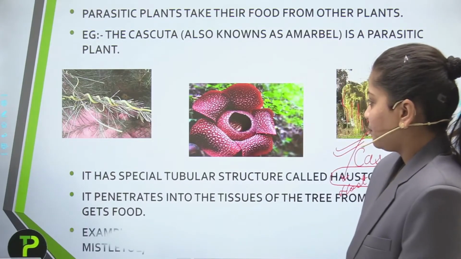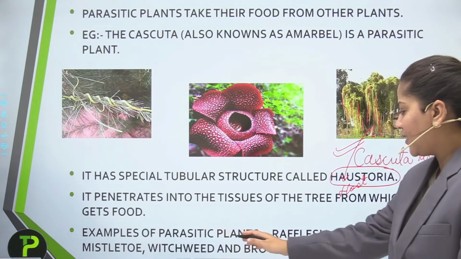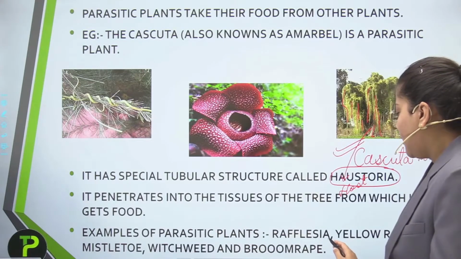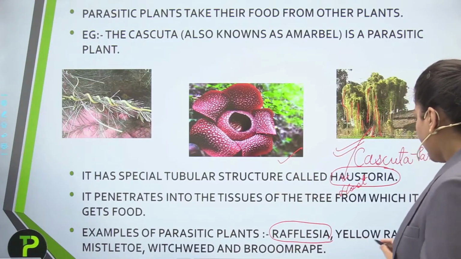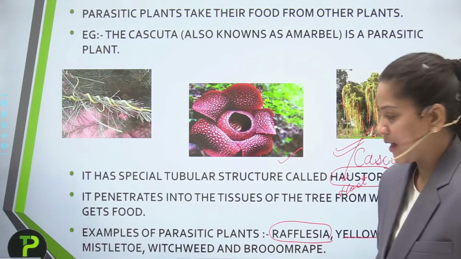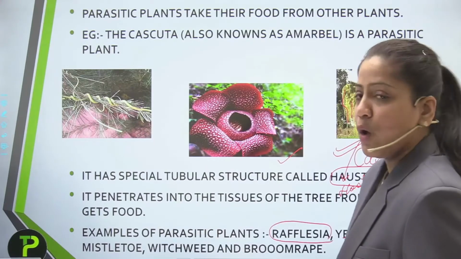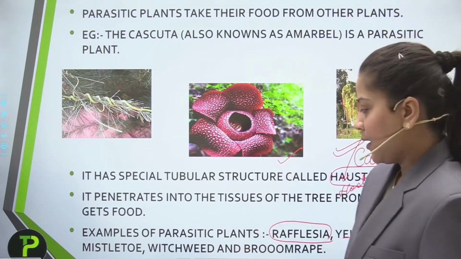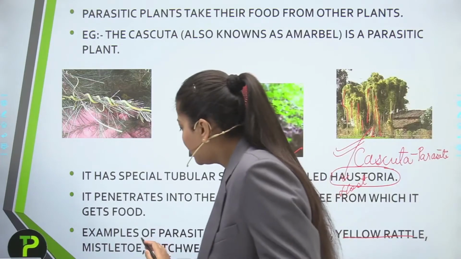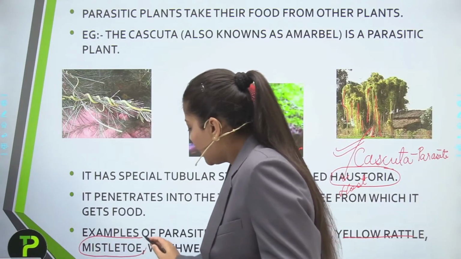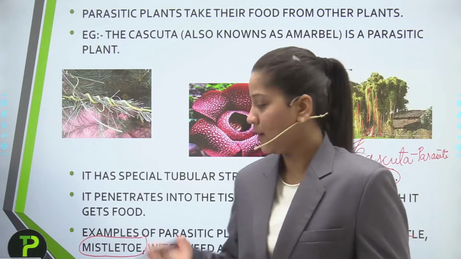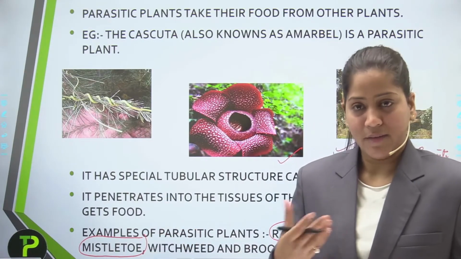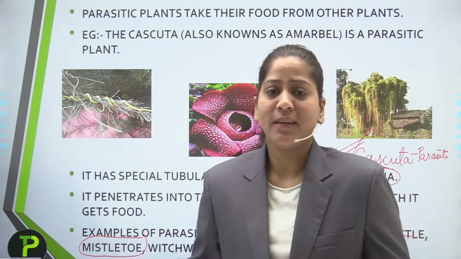Now examples of parasitic plants are Rafflesia. This is Rafflesia. Yellow rattle is one more example. Mistletoe is also an example of parasitic plants. This is a green plant, of course it has chlorophyll, but it cannot make its own food.